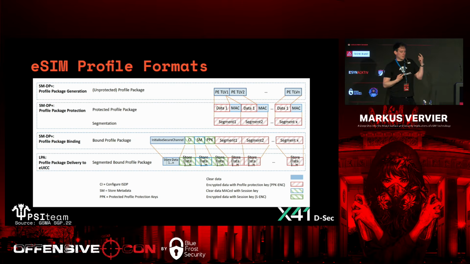And then the profile package binding is then bound to an actual device. So if you want to install it, you have to give your ID, and the ID of the device is then also bound. So you cannot install it to more than one device, right? So, and then it's actually delivered to the device, and the device can decrypt it.